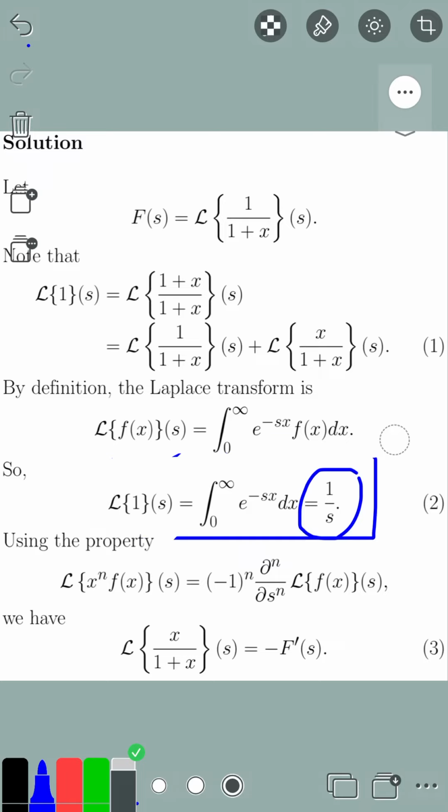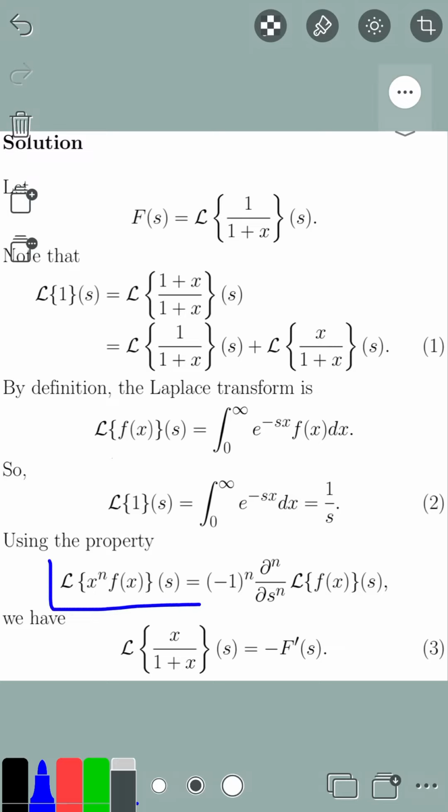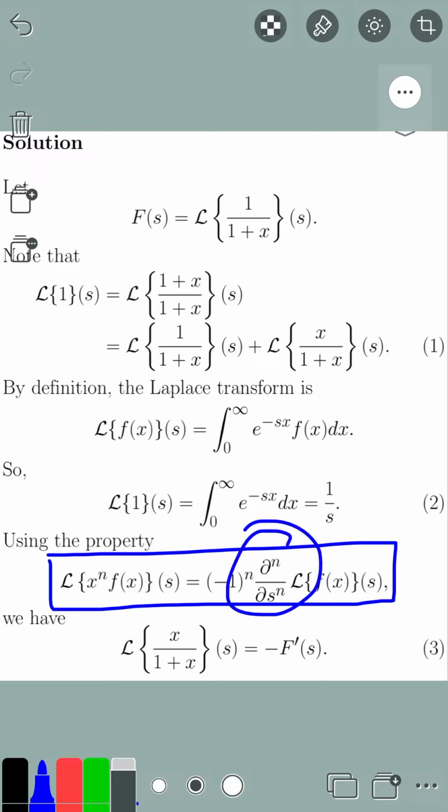Next, we're going to use a property of the Laplace transform. The Laplace transform of x to the nth power, not really for any real number n, just integers, because there's a derivative here and we want to avoid fractional derivatives as much as we can.